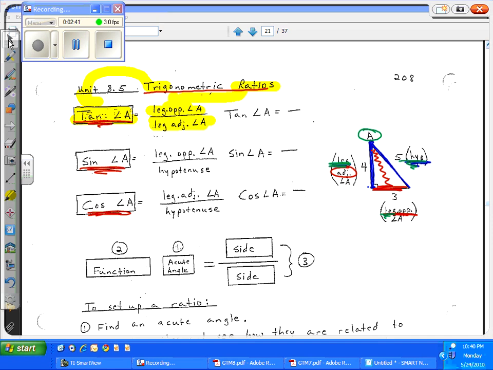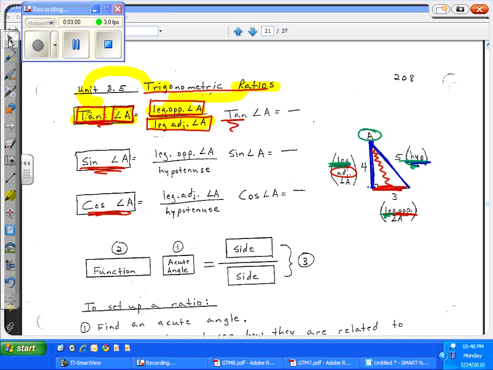The tangent is equal to the tangent of the angle. Notice we have a function, tangent, of an angle is equal to a ratio, leg opposite the angle over leg adjacent to the angle.